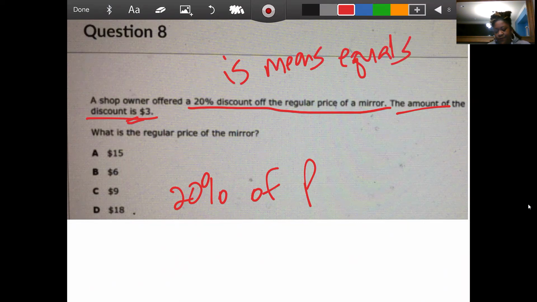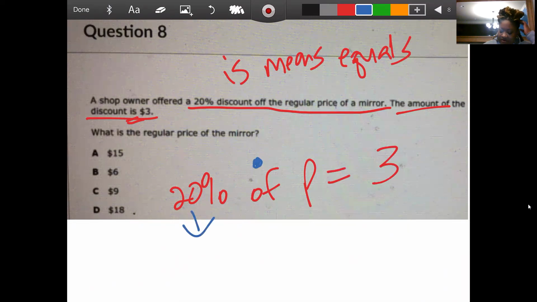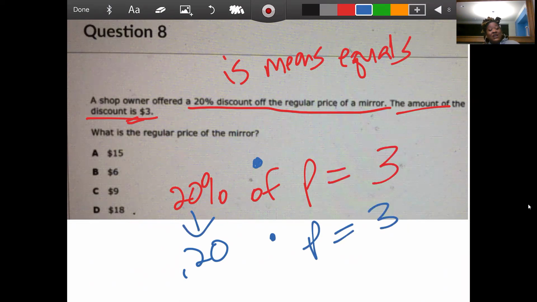Because you already know that 20% of P equals 3. And you already know that of is multiplication. And you have to convert the percent to a decimal times P equals 3. Now guess what? All you're doing is solving for the variable, the P. So 0.20 times P equals 3. And you should have your answer.